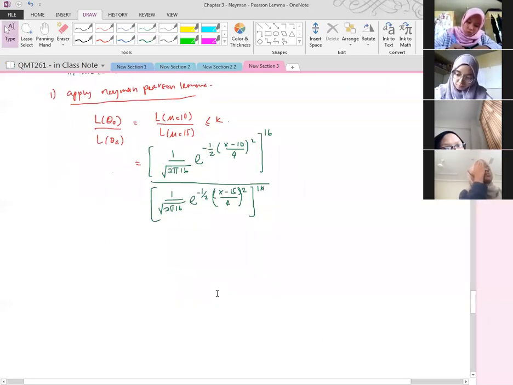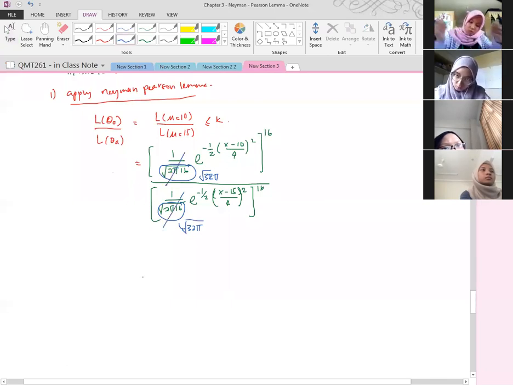So if you want to solve this one, 16 multiplied with 2 should be the square root of 32 pi, and this is also the same, it becomes 32 pi. So we can remove this value, and it will become exponential negative 1 over 2. Then we can simplify this one also.